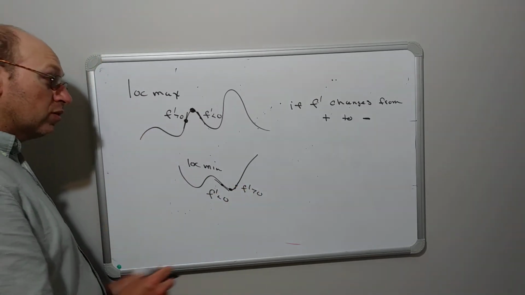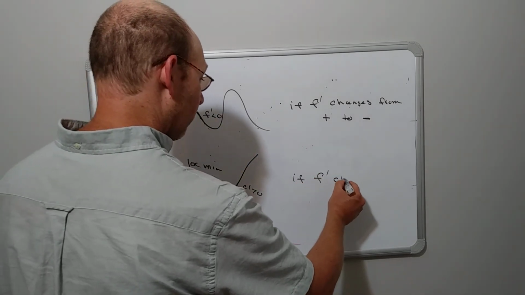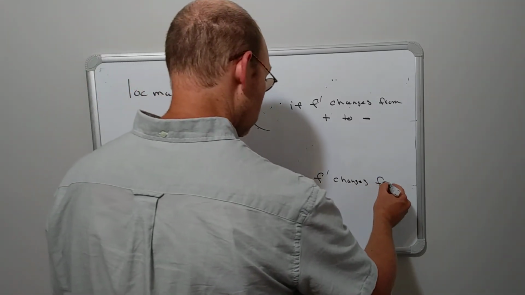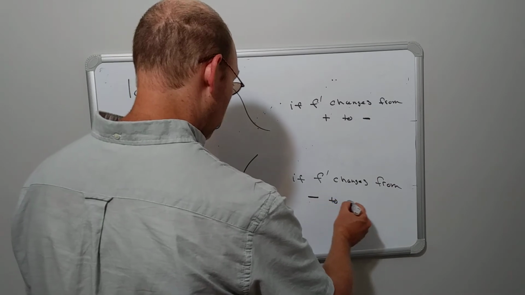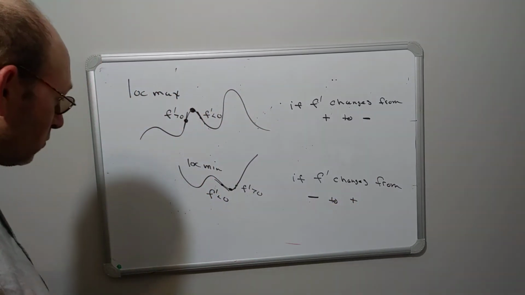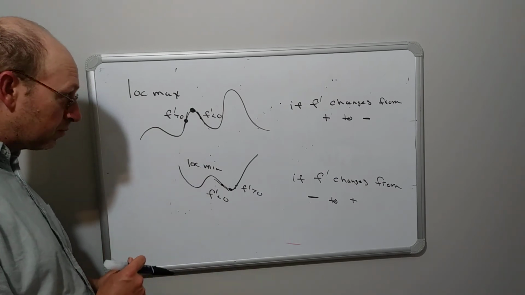So if f prime changes from negative to positive, that's called a local minimum. So that's how we can figure out what the graph may look like.